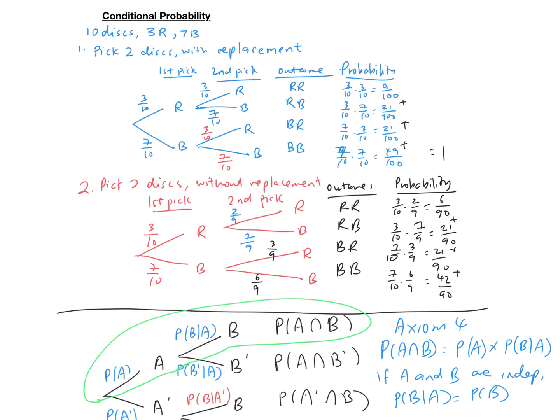In this example here, we just multiply the probability here.